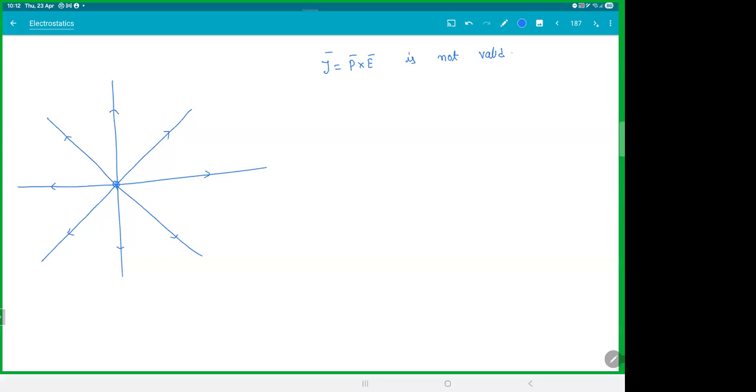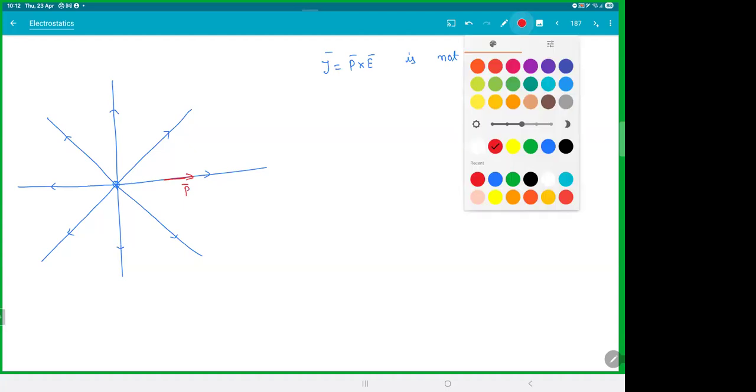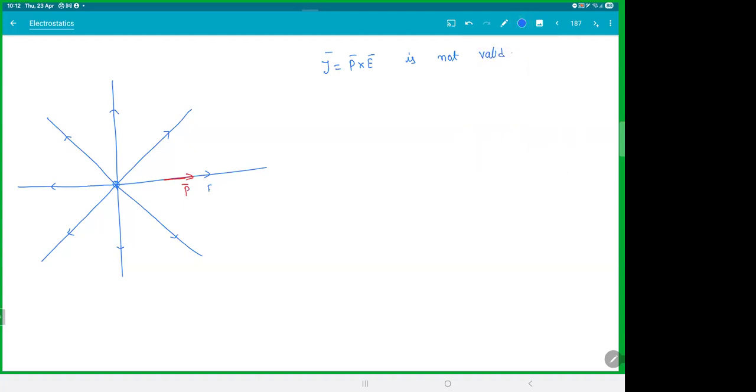Right? But think of it like this. If I take a dipole and place it along the field lines, I know the field is not uniform, but if P bar is along E bar, along the field lines, this is what you will see.